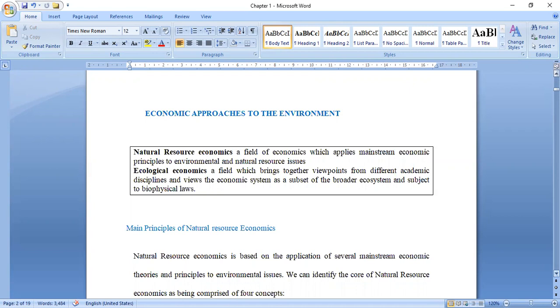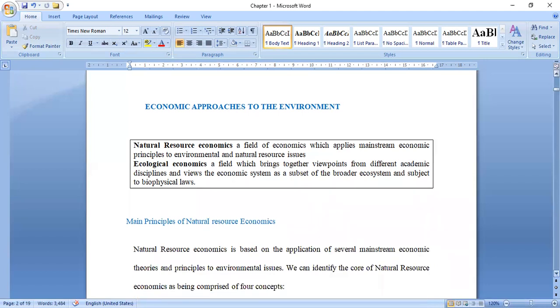So let's look at the key terms here. Natural resource economics is that field of economics that applies economic principles to natural resource issues and environmental issues. And then we shall be looking at concepts like ecological economics. Ecological economics takes a broader perspective.